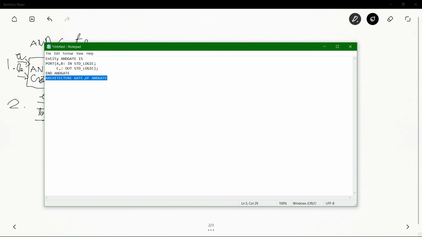What is happening in our architecture, guys? In our architecture, at first, after writing architecture, we have to give a particular name to my architecture of AND gate.